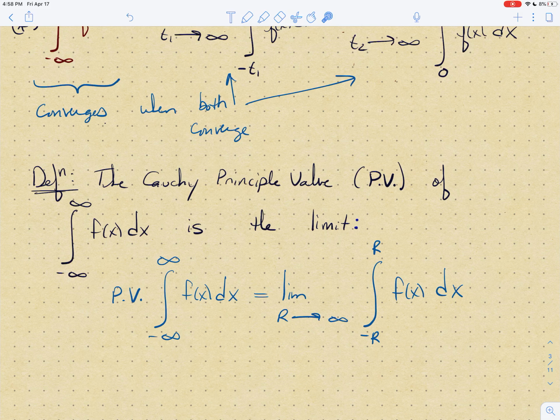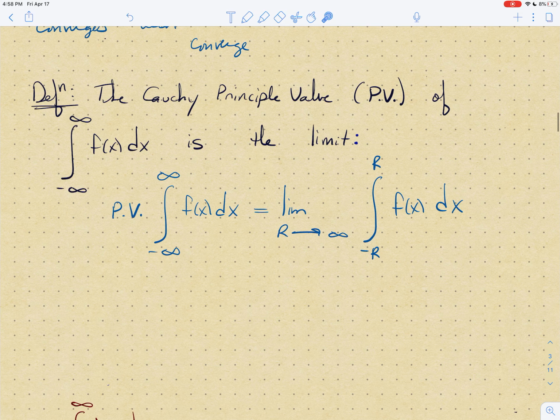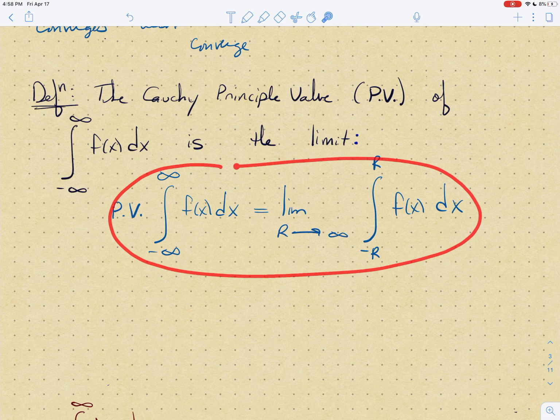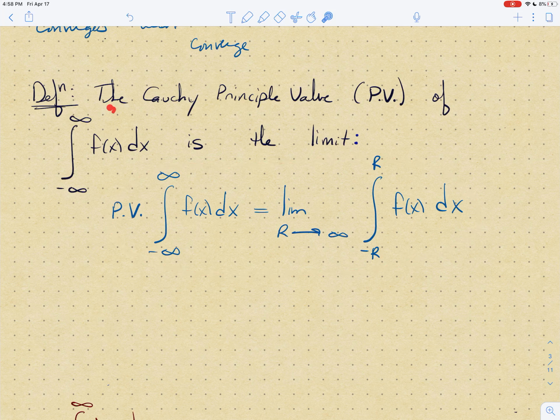And I know we'd all really like to say, oh, they're always going to be the same. Not true. It may be that the Cauchy principal value exists, converges, but the whole thing doesn't. If the improper integral converges, then it converges to the Cauchy principal value.